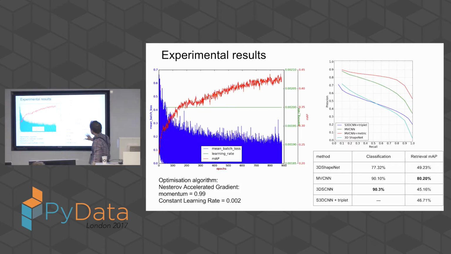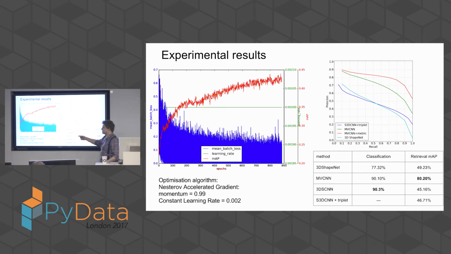So we evaluated that on some data set, compared it to the other architectures and the methods that people use. This network, for example, is a dense one, and it only uses 30 by 30 by 30 as input resolution. This network uses multiple projections of 3D objects and concatenates them and passes them through several copies of a neural network, then assembles feature vectors together and uses them as descriptions.